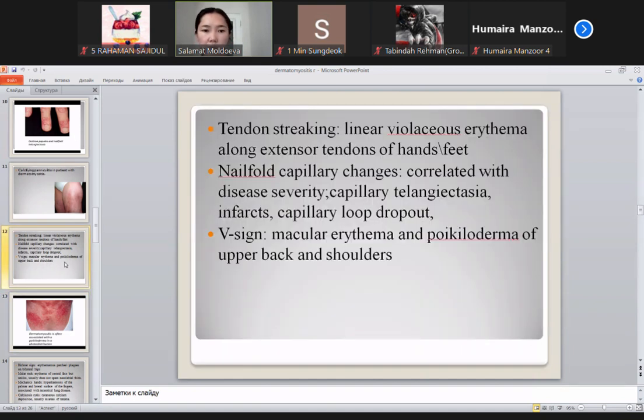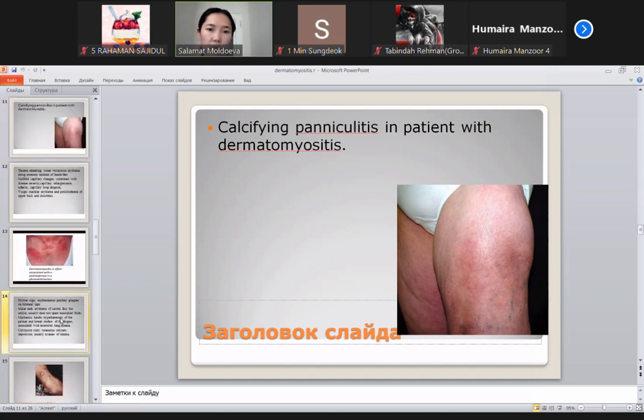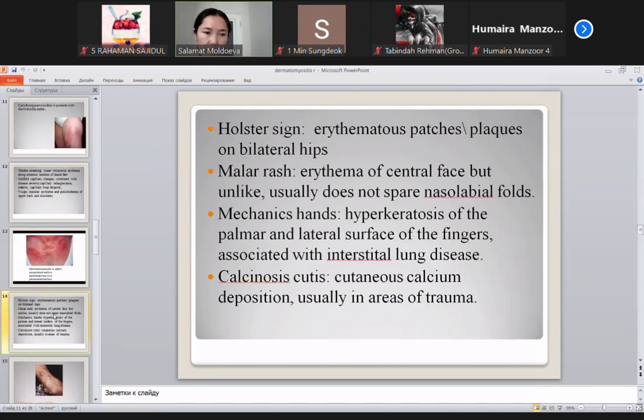Okay, and panniculitis, you can find panniculitis like this in patients with dermatomyositis. And Holster sign, it's patches of plaques.